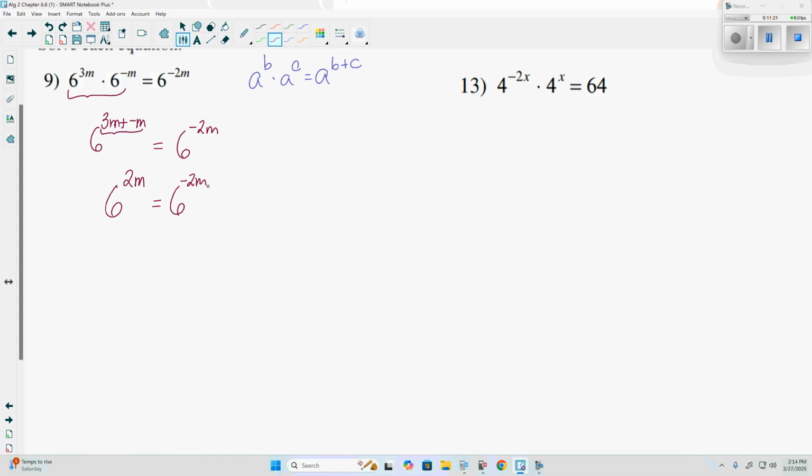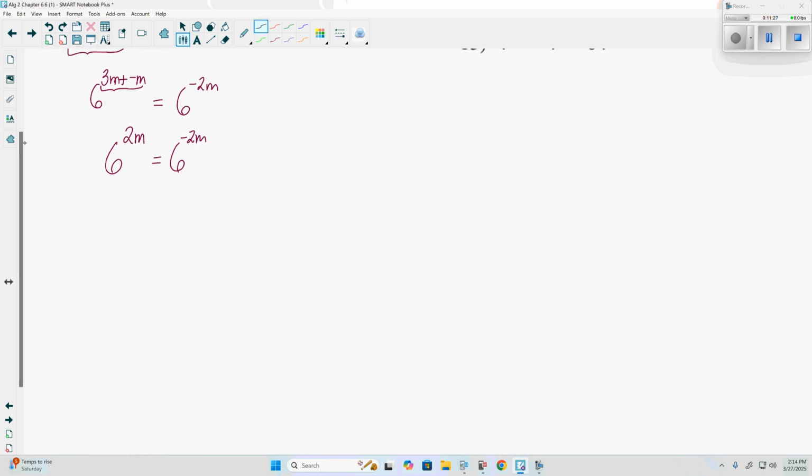Now since we have 6 to the 2m equals 6 to the negative 2m, bases are the same, so that means the exponents have to be the same. Add 2m, telling us 4m equals 0, or we can say what?